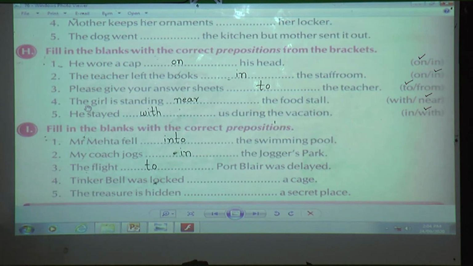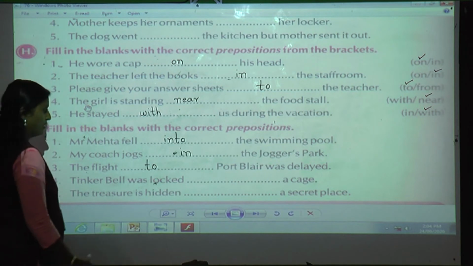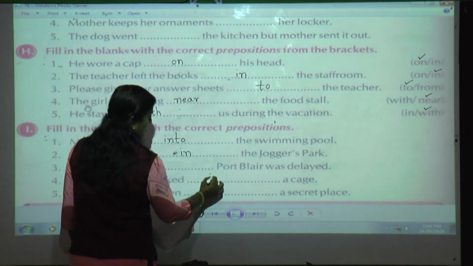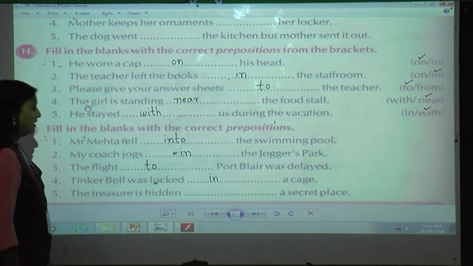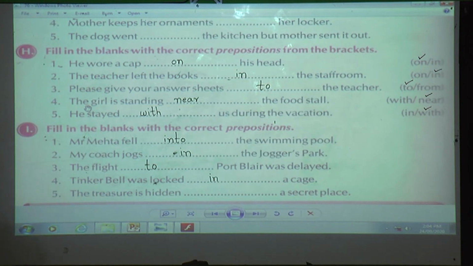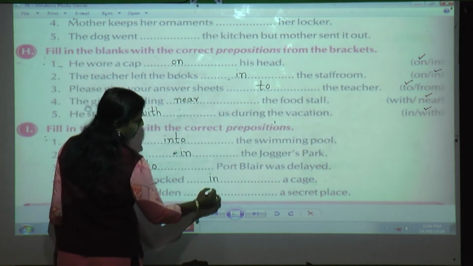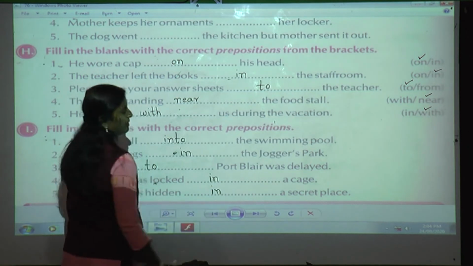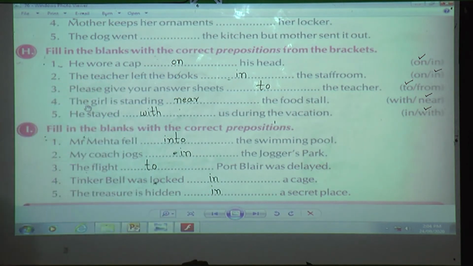Tinker Bell was locked in a cage. The treasure is hidden. Yes, where is it hidden? In a secret place. Have you seen how I have used the correct preposition? Okay, again I'll read. Mrs. Mehta fell. Where did she fall?